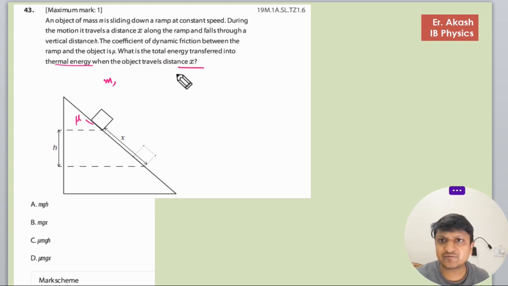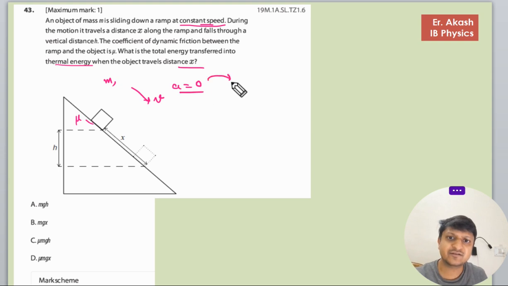In this question you have to notice some important things that are given. It is at constant speed. It means that when the velocity is constant, the acceleration is zero, and when acceleration is zero, the net force, F equals m times a, is also zero. So there is no net force acting downwards.